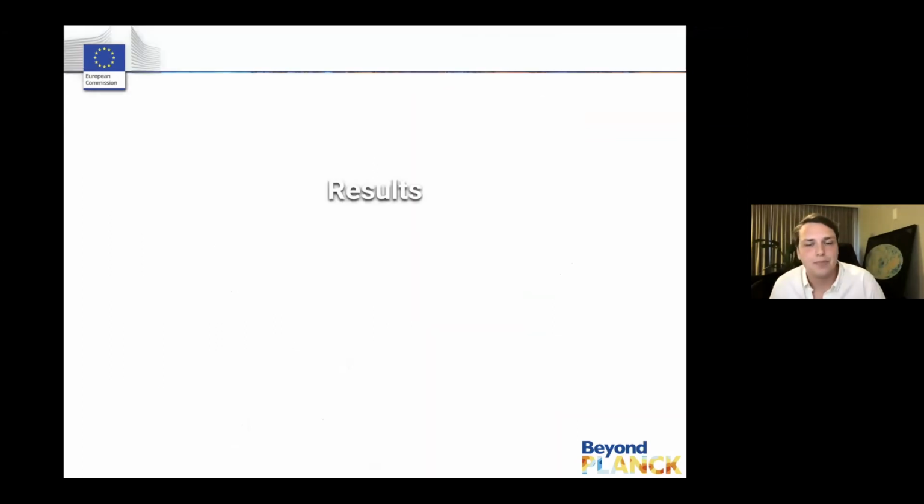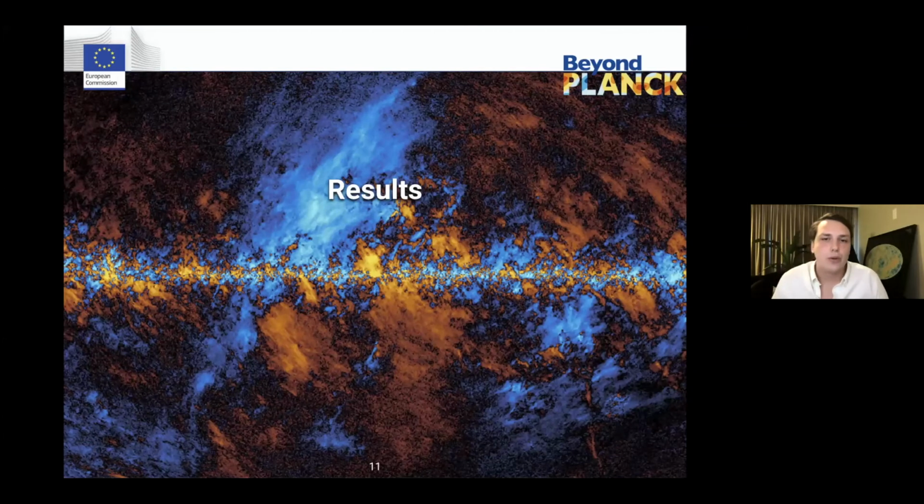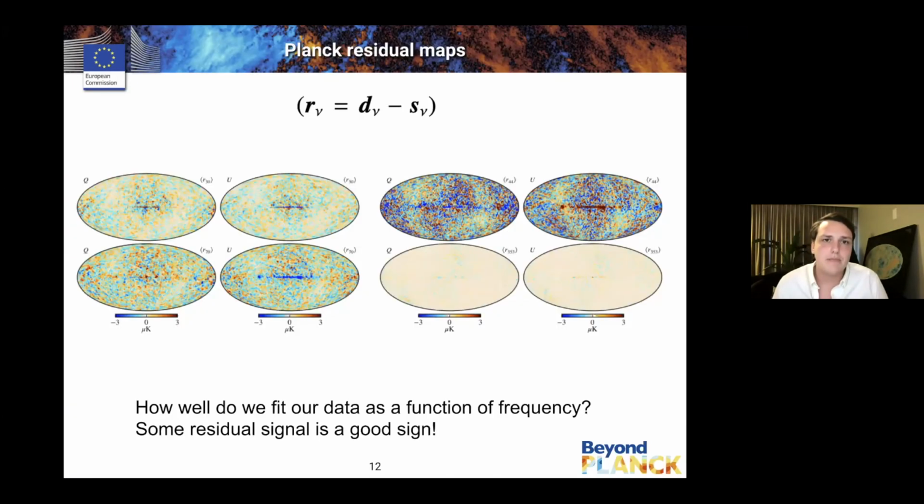So, results. For you to actually trust our results, it's important that we show you our goodness of fit first. And the residual maps per frequency are a good way of doing this, where we see the data minus our model, and our final results.